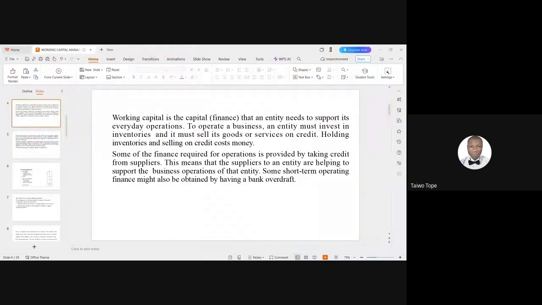So the point is this, that the longer the cycle, the longer capital is tied up without earning a return on it. So if I give a longer credit period to my customer, it means my money is staying outside and is not available for me to use to make more return for the business.